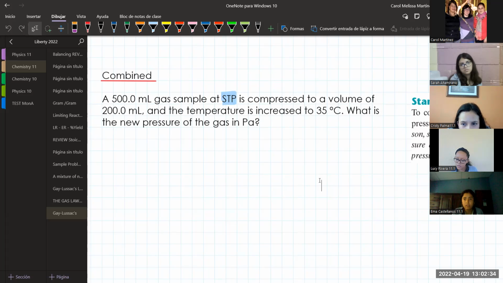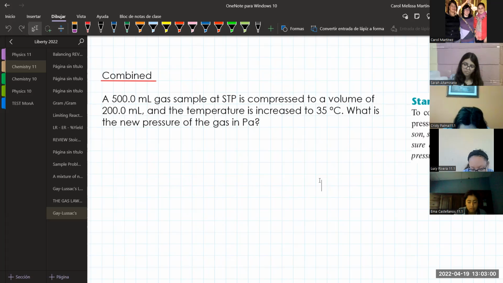Pressure. So, 500 milliliters gas sample at STP, which means standard temperature and pressure, is compressed to a volume of 200 milliliters, and the temperature is increased to 35 degrees Celsius. What is the new pressure of the gas? It's said to be in pascals.